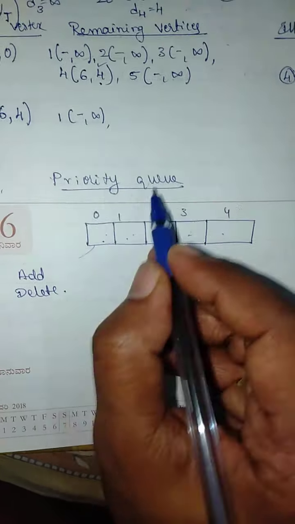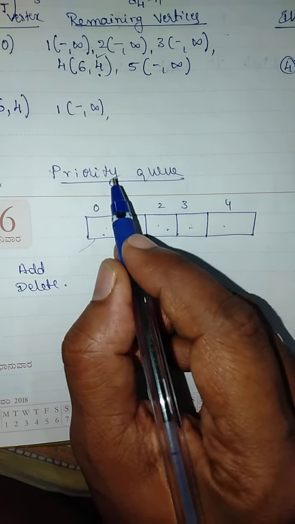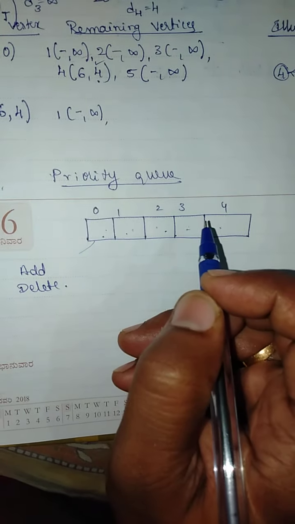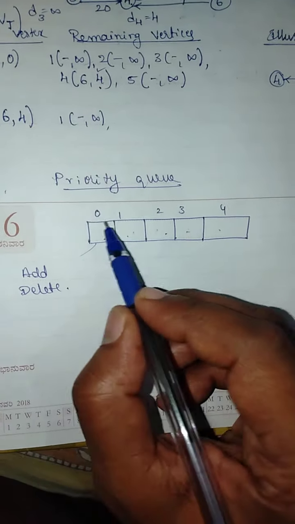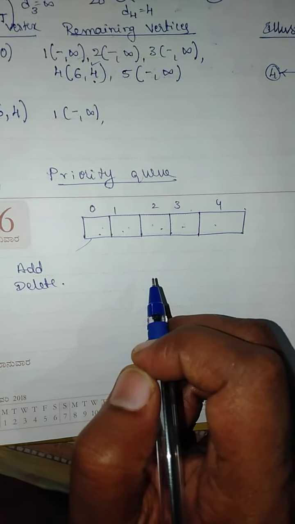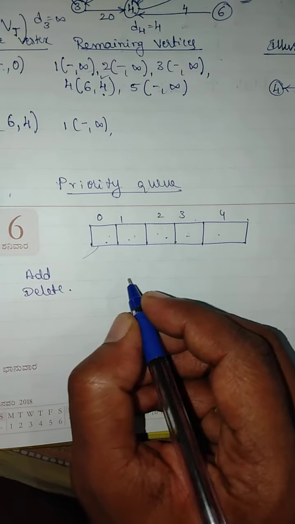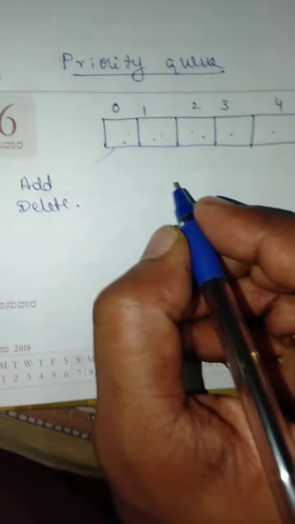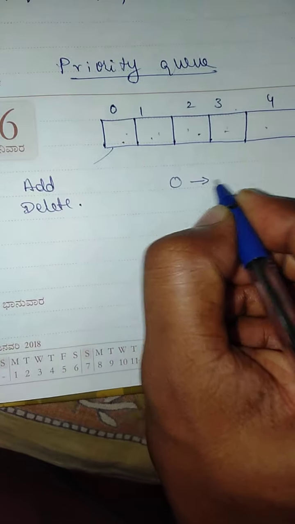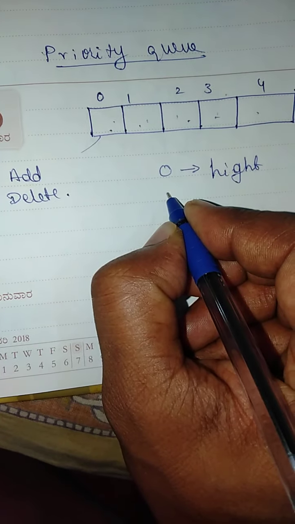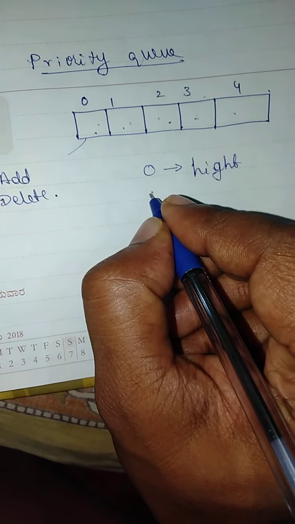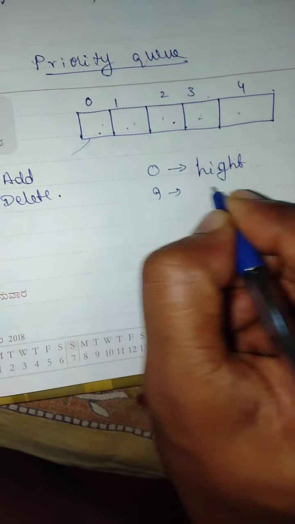A priority queue is one in which we assign priority to the different elements in the queue. Say for example, we have some 5 elements, 0 1 2 3 4. Let us first define the priorities. The value 0 indicates the high priority, and value 9 indicates the low priority.